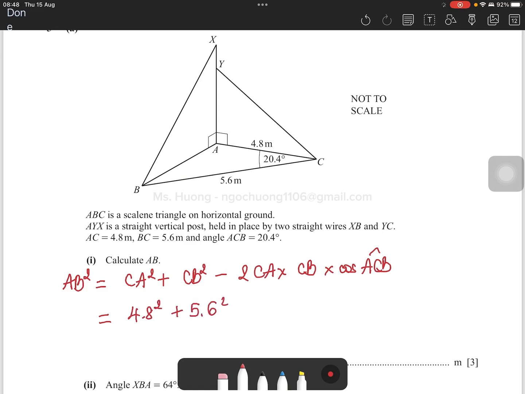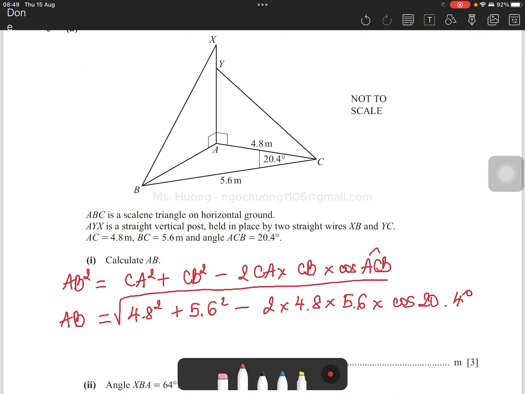CB is 5.6. Subtract 2 times 4.8 and 5.6. The angle ACB is 20.4 degrees. So this is AB squared. And if you want to find AB, you take the square root of this. So the answer is 2.00 meters.